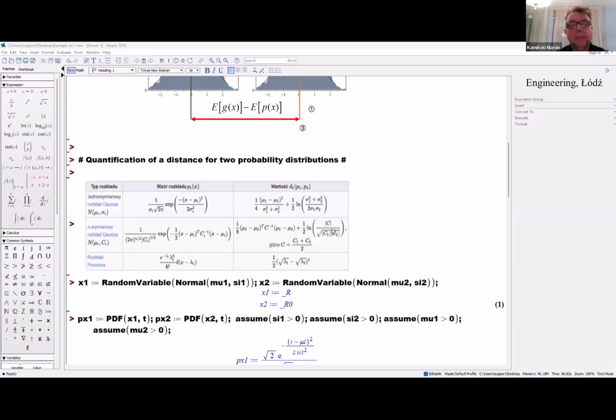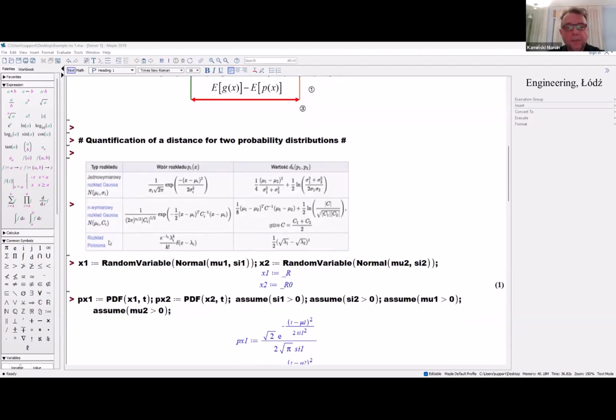Nevertheless, if we would be unable to do that in one-dimensional case, multi-dimensional case is out of our, let's say, business. This formula is also available for some other probability distributions. Nevertheless, demonstration how to calculate analytically relative entropy is not so easy.